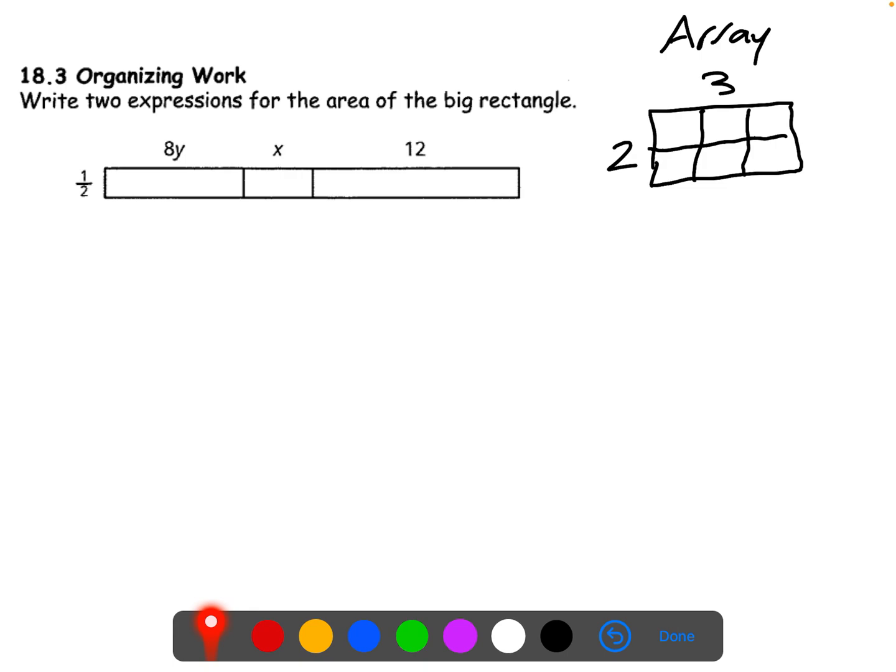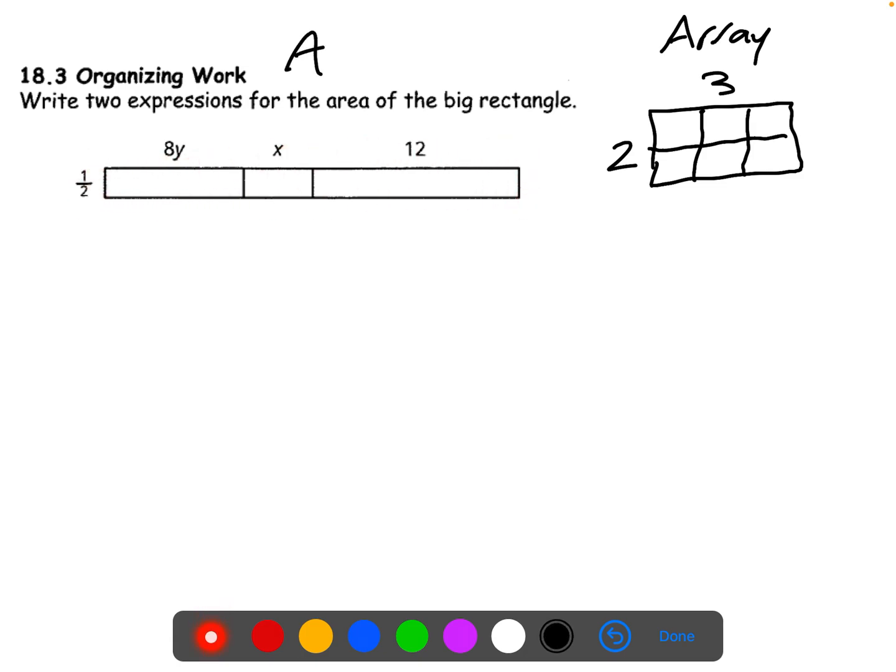That's what's happening here. The difference is we're using some different terms. We've got a fractional number of rows here, but in essence, we're just taking 1/2 times each of these quantities that are written across the length of the array, across the length of the rectangle. So this is finding the area of this shape.